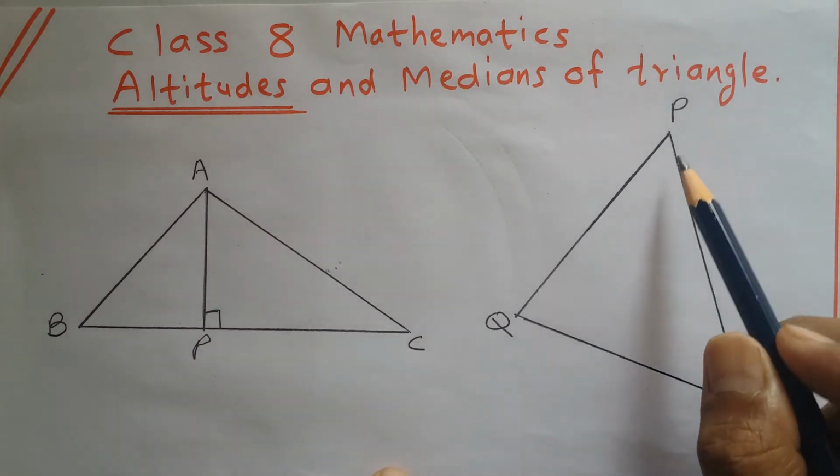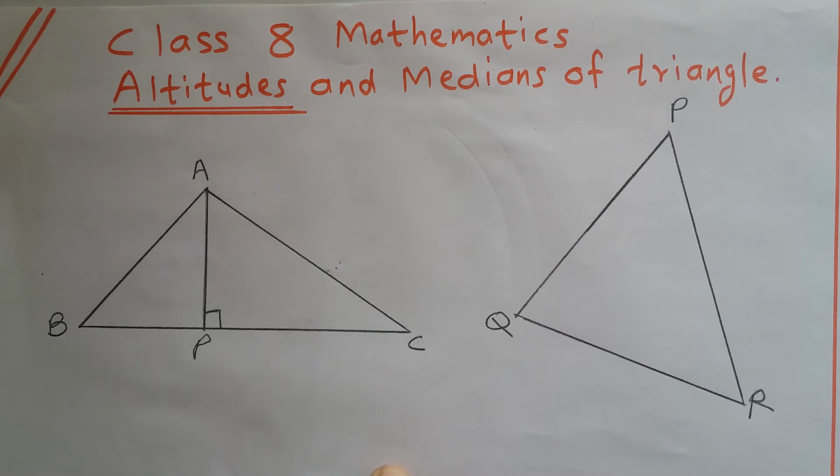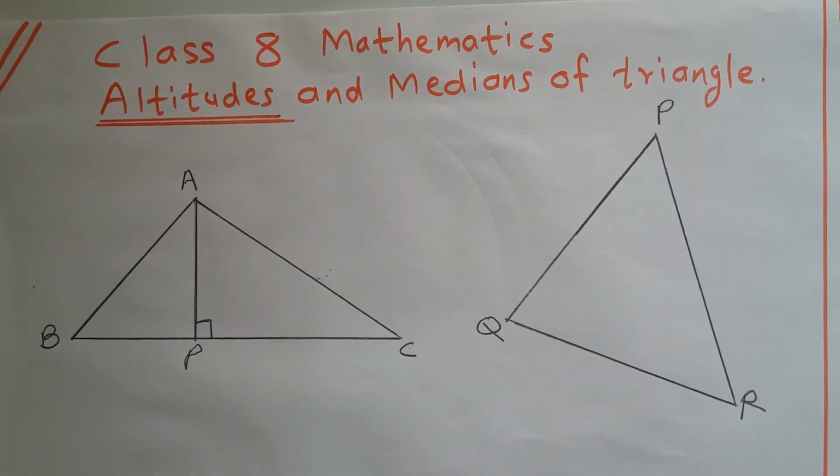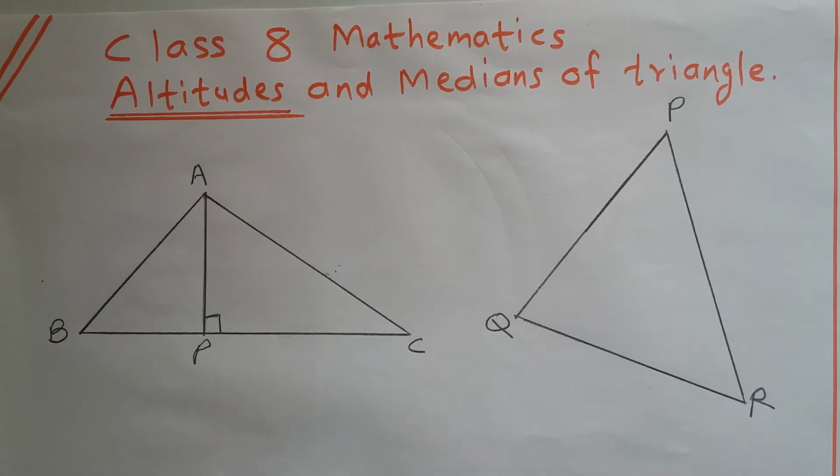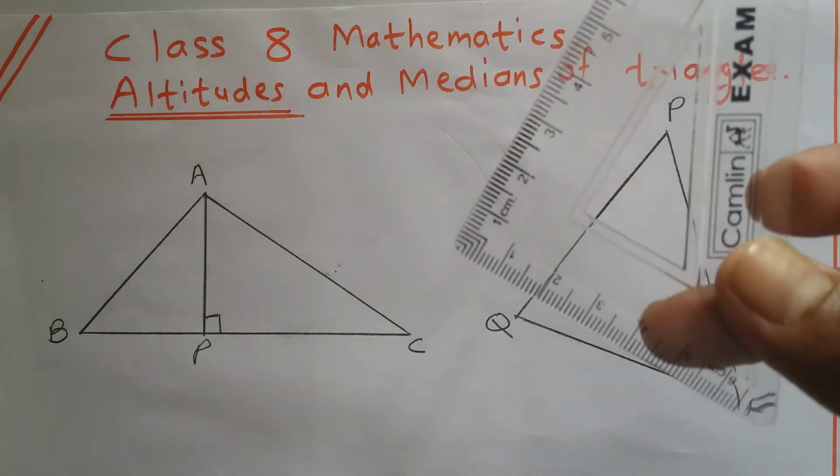This is triangle PQR. Okay, now you want to draw altitude in this triangle, and you will take the base as QR. Suppose the base is QR. What can we do? You know, this is a set square.